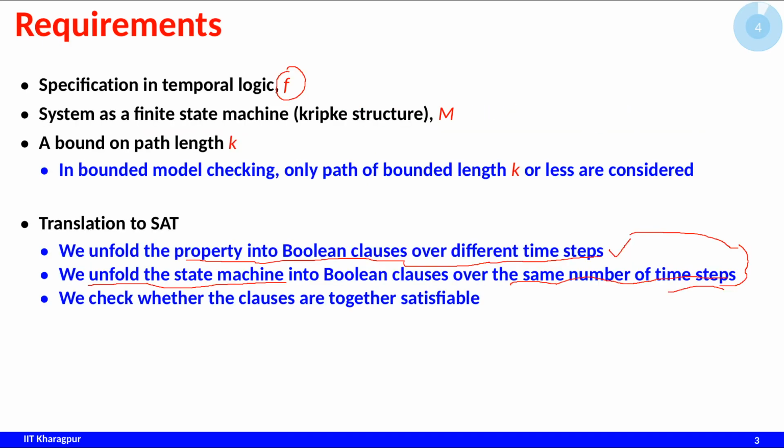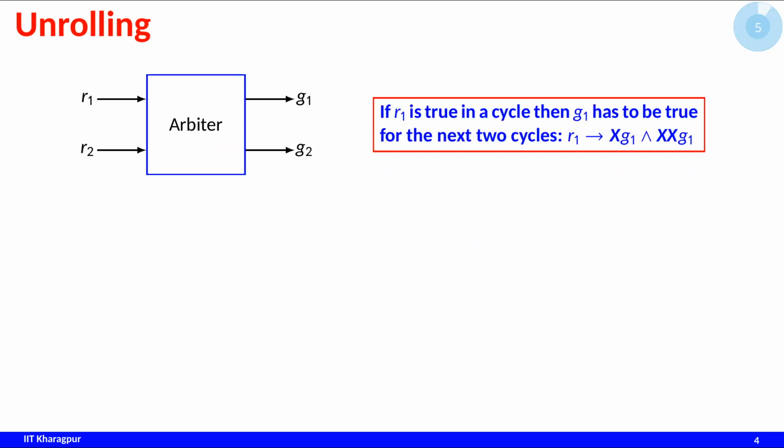So we are talking about the unfolding of the system. How can we do that? The example that we have seen in model checking is a simple one. We have an arbiter. There are two requests that can come, R1 and R2, and we have two grant lines, G1 and G2. One very simple query that we can ask is that if R1 is true in a cycle, then G1 has to be true for the next two cycles.